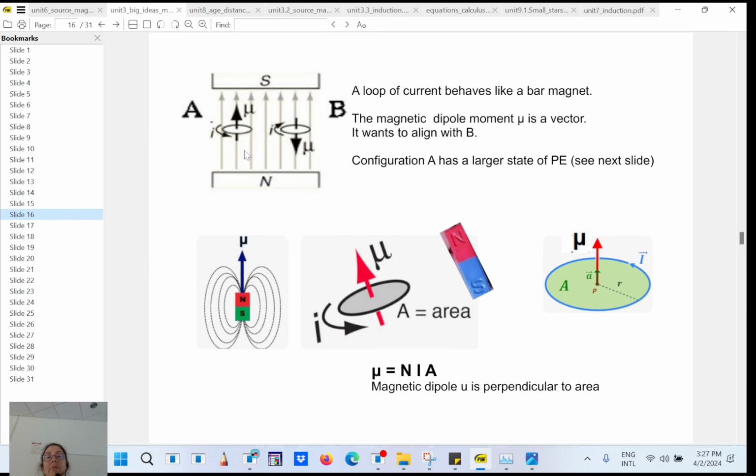And if you have a loop of current inside the magnetic field, it always wants to orient itself so that it will align itself with the magnetic field. So that will be the lower state of energy, and that will be the higher state of energy. Okay, that's an MRI. That's how MRI works. So a loop of a coil will behave like a bar magnet. The thumb will show you the north, and here it will be the south. Is that clear?